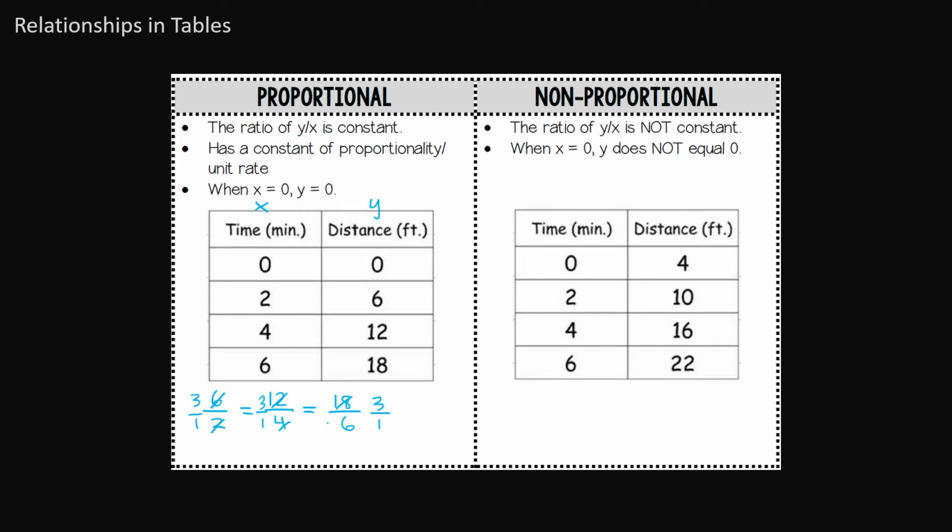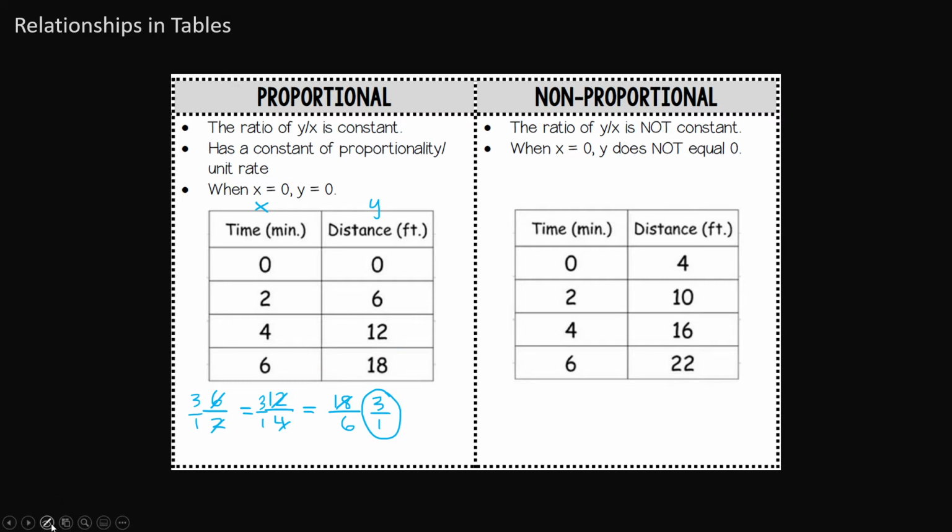So all three of these ratios are the same, which means that this table is proportional. You can also tell if you have an x value of 0 matched with a y value of 0. The constant of proportionality in this table is 3, or 3 over 1. That means this table has a unit rate of 3 feet per minute, 3 feet per 1 minute.